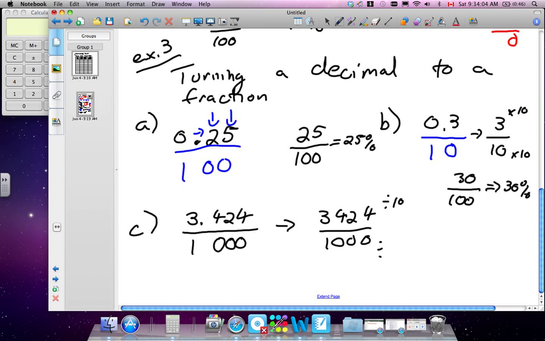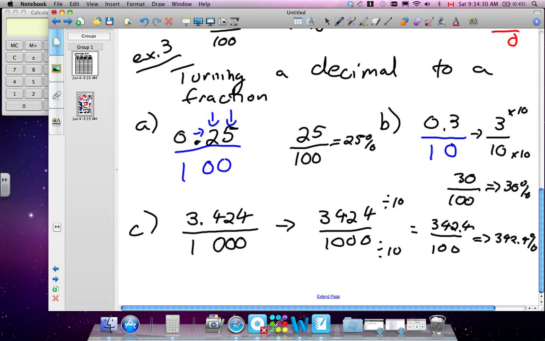Now I'm going to tell you what that's going to become. It's going to make the bottom 100. It's going to make the top number 342.4. So what is our percent here? Yeah, 342.4%. Okay, it's the same idea. You just want to make all of our fractions over 100 and then take the top number.